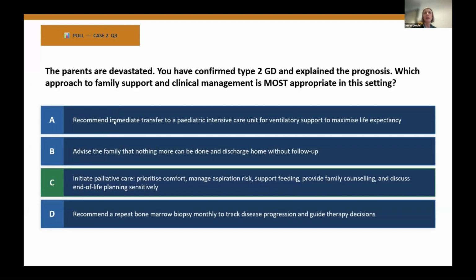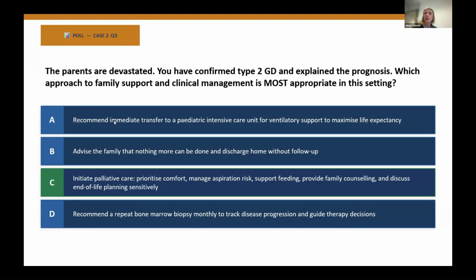Understandably, these parents are devastated with what you've just told them. You've told them the prognosis. Which approach to family support and clinical management is most appropriate in this setting? A, send them straight to a pediatric intensive care unit for ventilatory support to maximize life expectancy. B, advise the family that nothing more can be done and discharge them home without any follow-up.